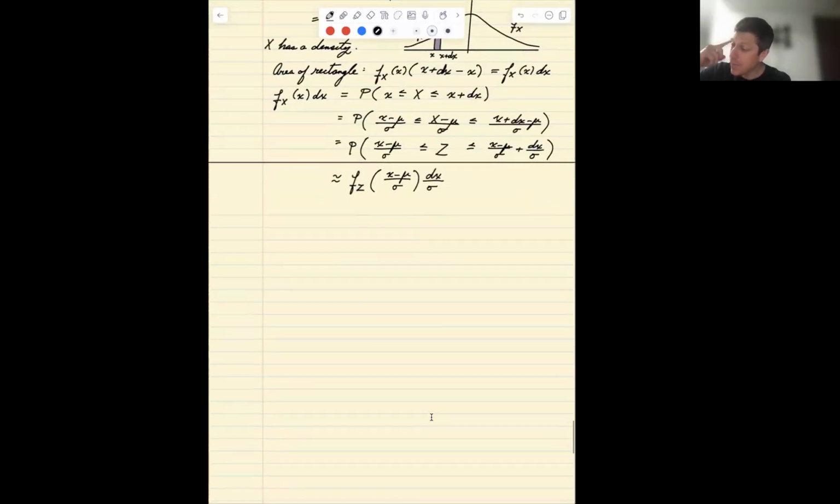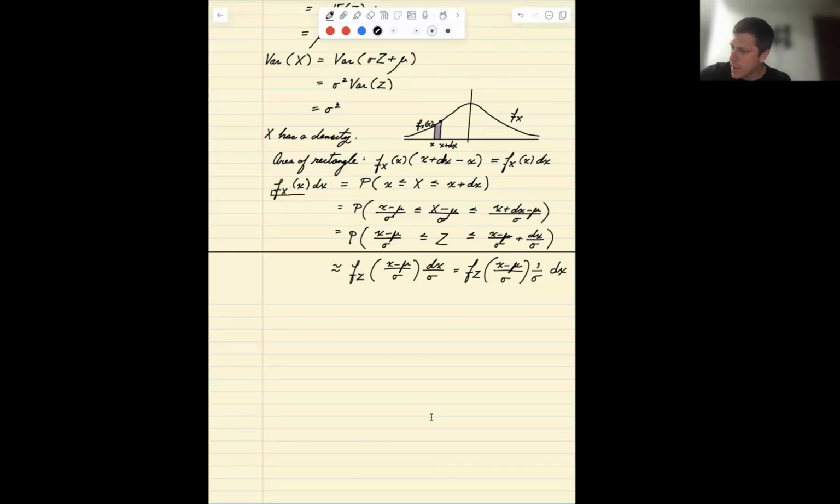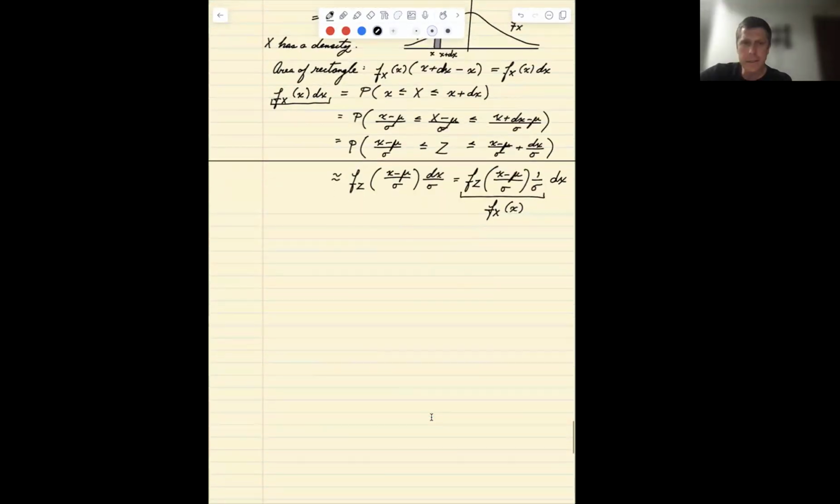Okay. But what is that? Let's just isolate the part that doesn't include dx. On the one side, we have f of x dx, and on the other side, we have something in terms of f of z dx. So this piece here has to be the same as f of x.